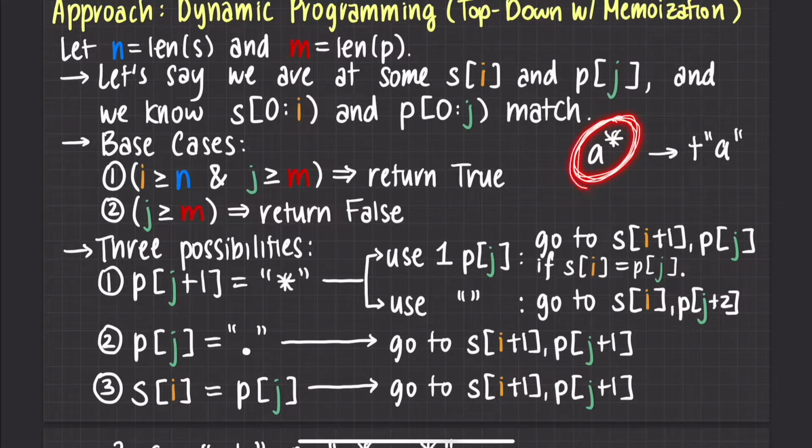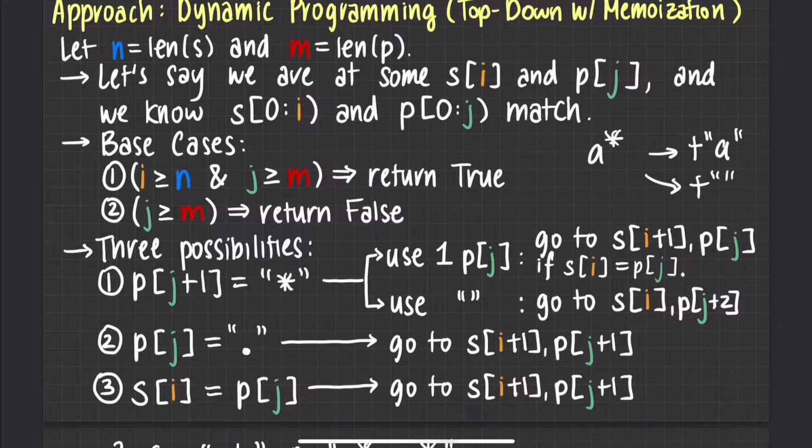Since we can use it infinitely many times, we still remain at the same J for the next decision node. But the other case doesn't really care if the two match, because they could match or they don't have to match. But the second case is saying like, hey, let's just treat this as 0. However many A's we've considered or whatever came before, we're going to treat this as an empty string.